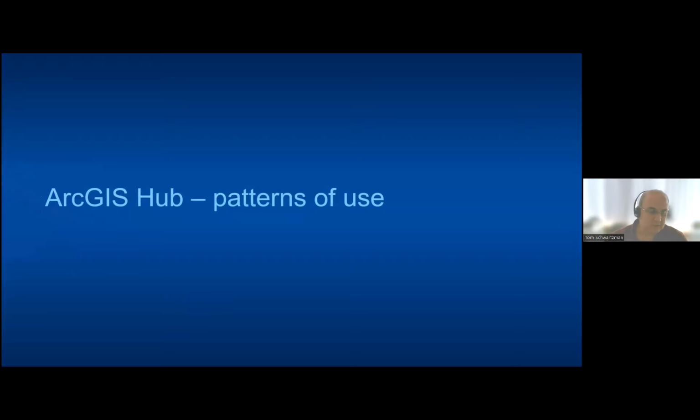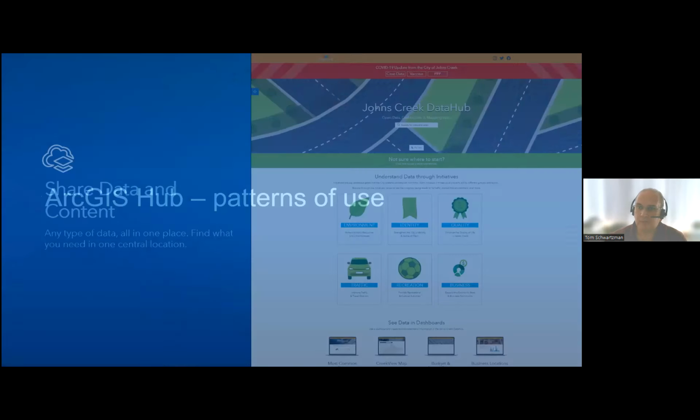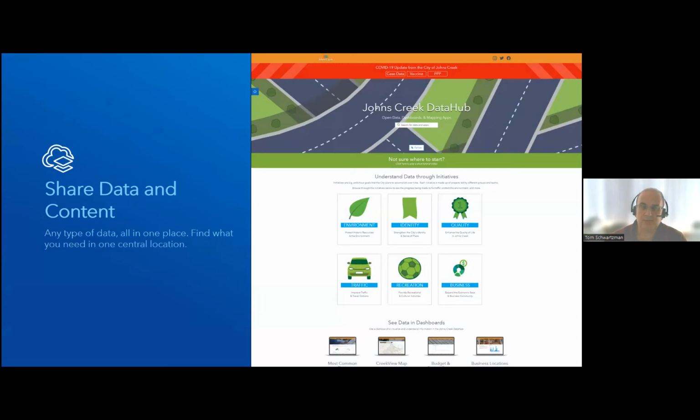There are lots of patterns of use. I'm sure with the lightning talks, we'll see some of them, and we're going to show you a few as well. One is simply to share data and content, like an open data site. I have a slide on this later, but everybody who has an ArcGIS Online subscription has access to Hub and has access to publish an open data site, among other things within that Hub environment.